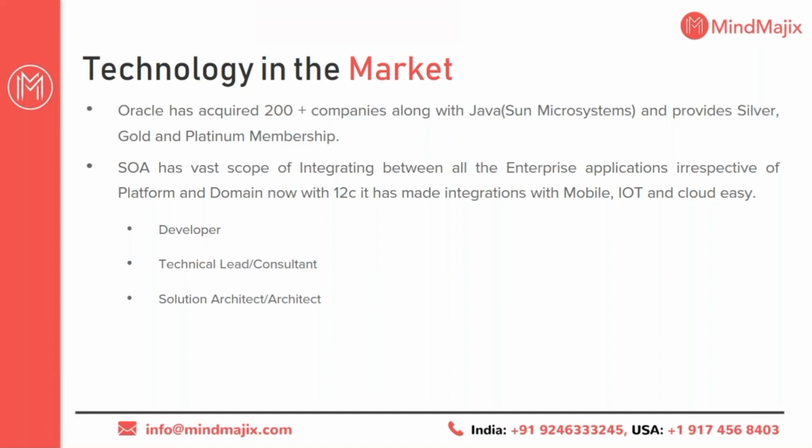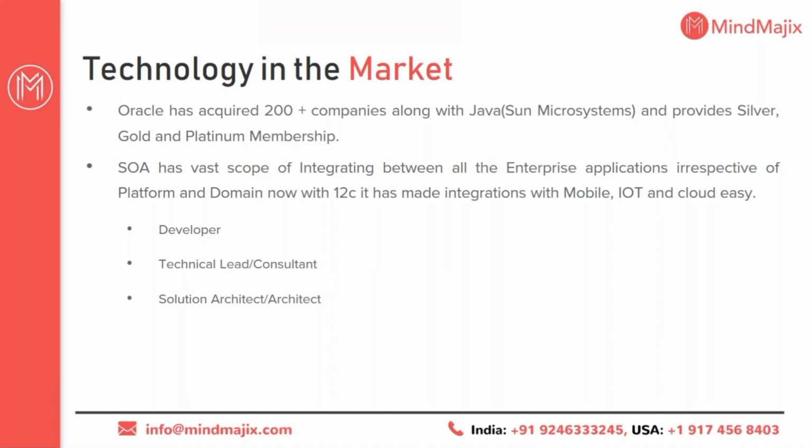Earlier in 11g it was quite different: SOA was a separate application and OSB was a separate application, but right now they have merged everything together in 12c, and they treat licensing, software and certification, everything, as the same. We can have the same server for both OSB as well as SOA applications together.